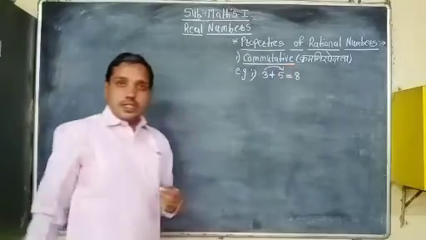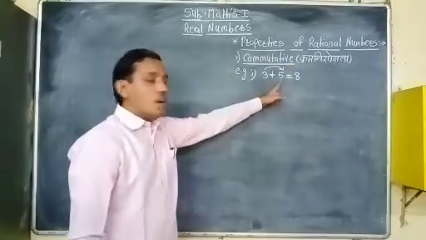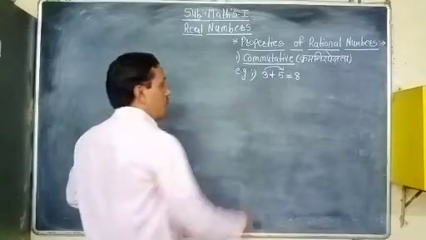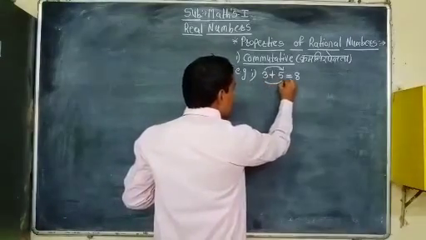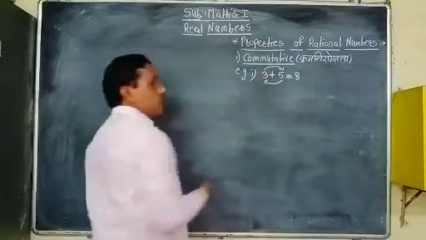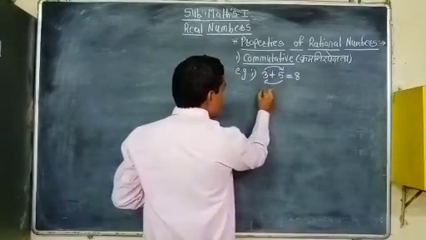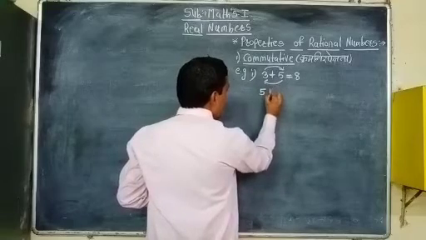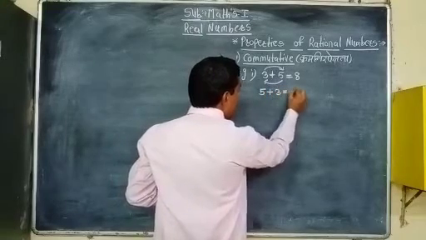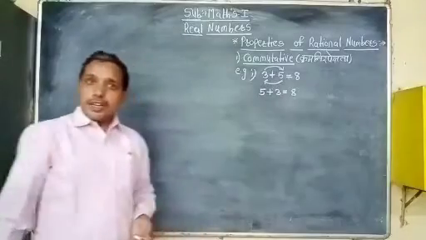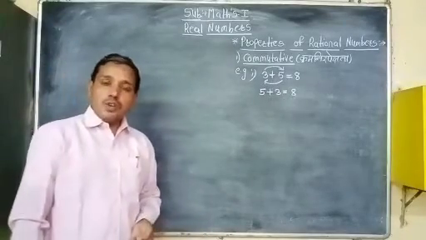If we replace the position of 3 with 5, and 5 with 3, what do we get? 5 plus 3 is equal to 8.